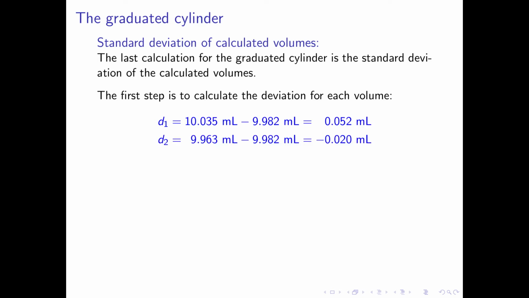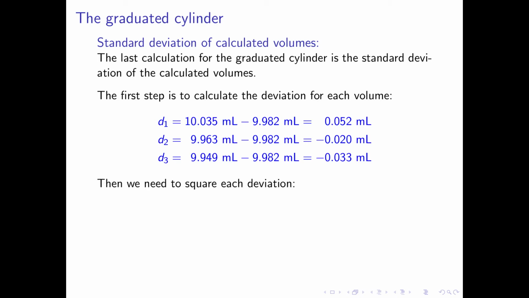For the second reading, we have 9.963 milliliters minus 9.982 milliliters, or negative 0.020 milliliters. Finally, the third deviation is 9.949 milliliters minus 9.982 milliliters, or negative 0.033 milliliters.